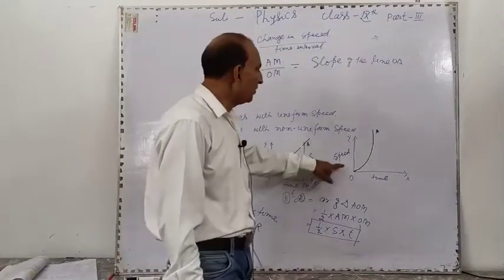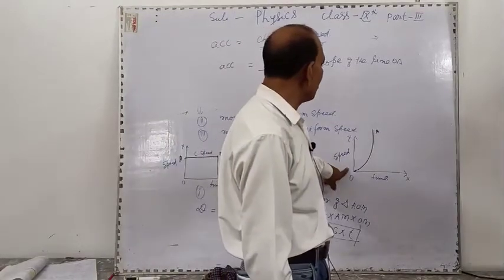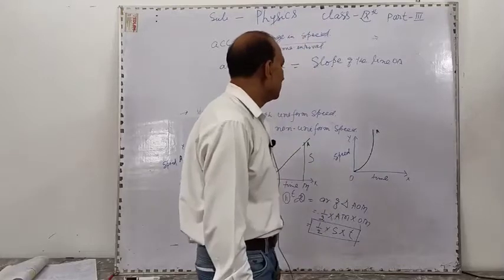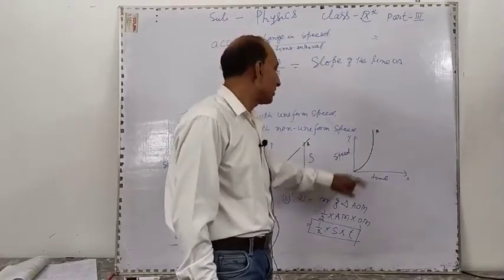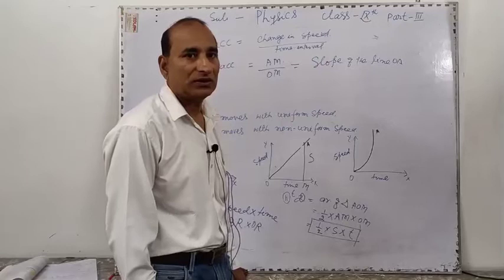But if an object is moving with non-uniform acceleration, then the graph is a curve, that is a parabola.